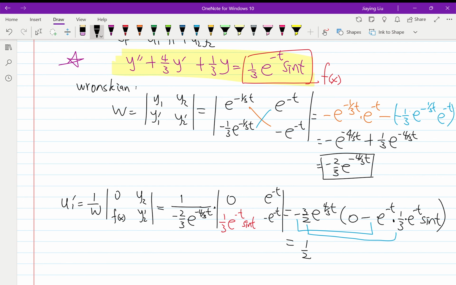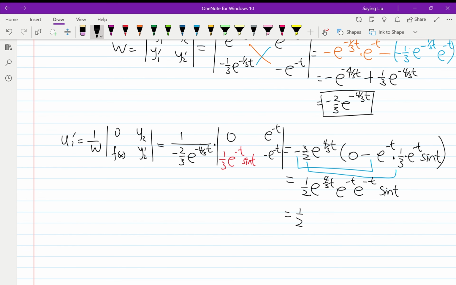So we got 1/2 e to the 4 over 3t, and then e to the minus t, e to the minus t, and then sine t. Those three exponential terms, we can combine them by adding the exponents together.